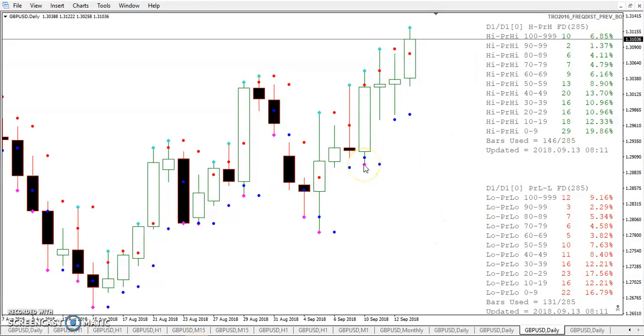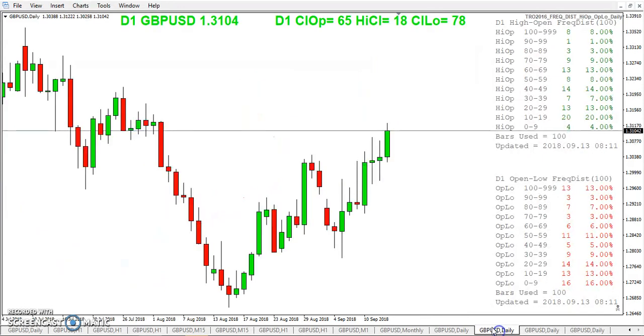Once again, you get some small breakouts here, here, here. But you also get some larger breakouts. I mean, there's a huge one. There's another nice breakout there. And looking here at the high minus open, open minus low. Once again, this works along with the buy zone.